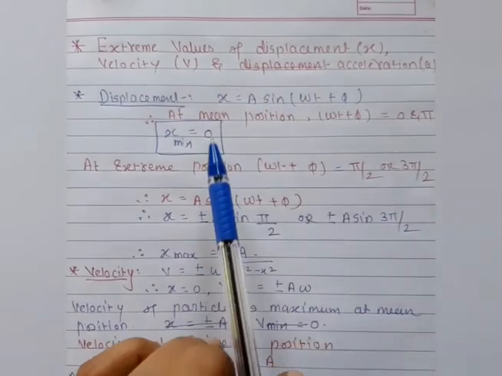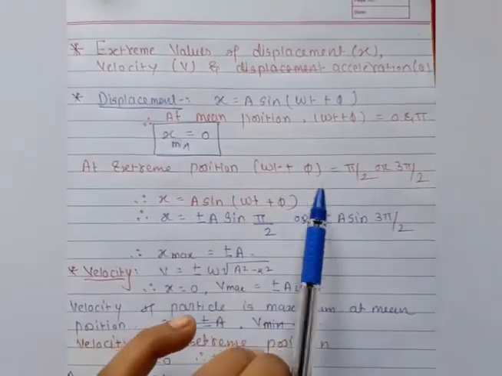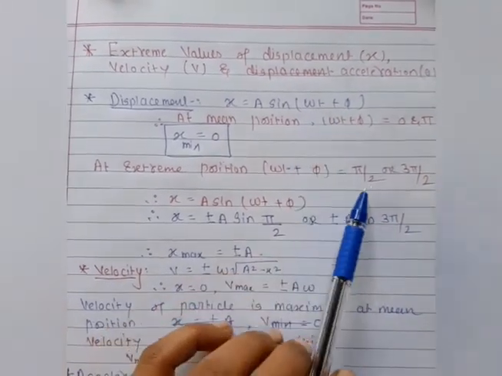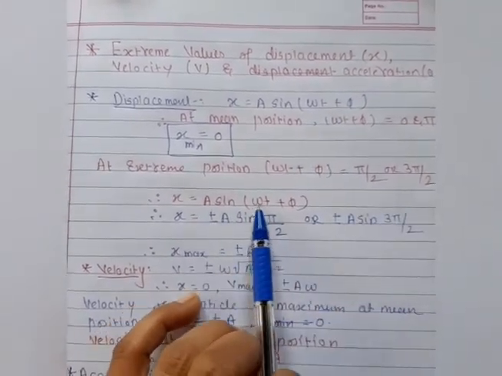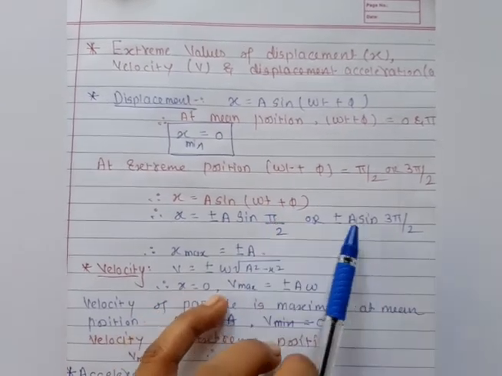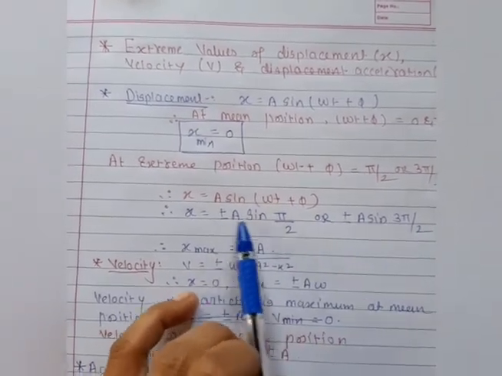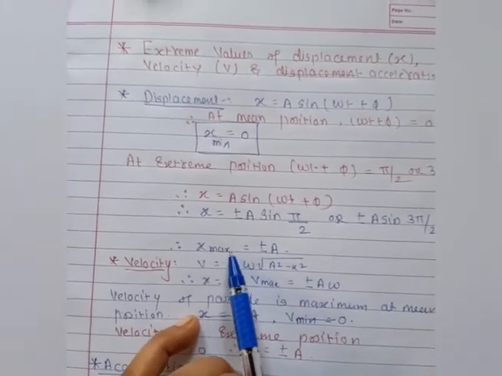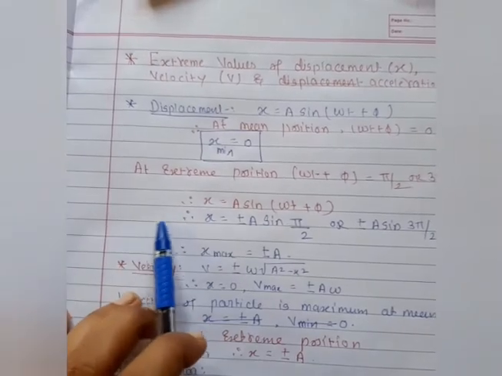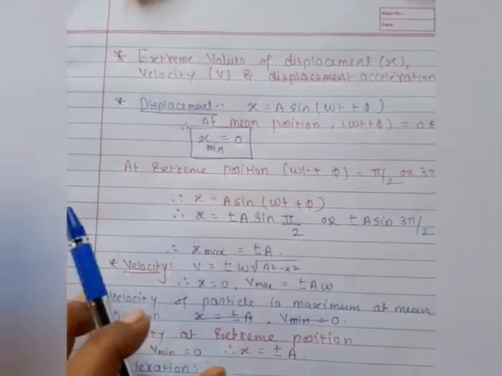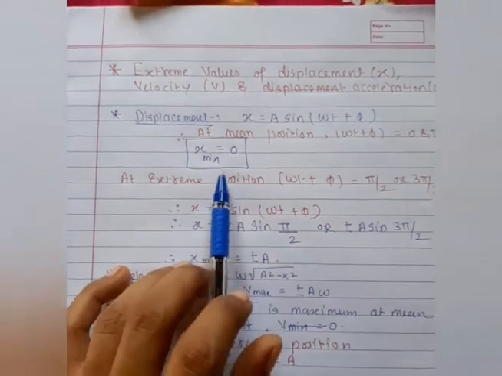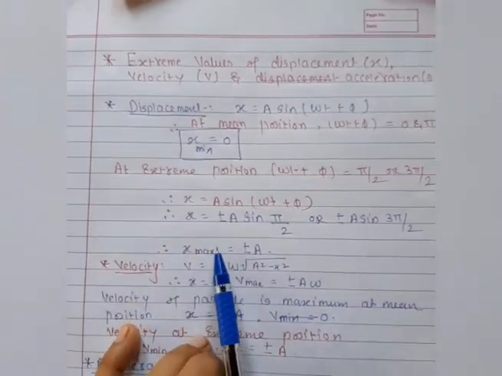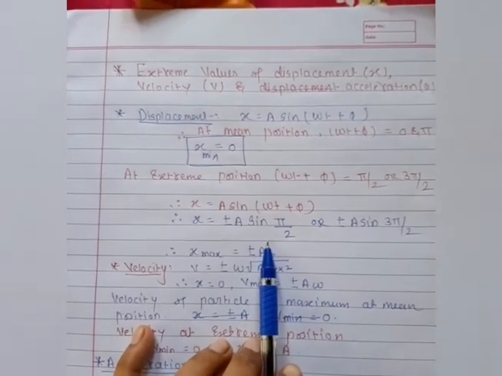At the extreme condition we have pi by 2 and 3 pi by 2. So if I take pi by 2 and 3 pi by 2, at the extreme condition we get the constant term, that is, the amplitude is maximum. It means when the particle oscillates at the extreme position, the amplitude is positive and negative. So when the particle is at the mean position, the displacement is 0, and at the extreme the displacement is maximum. In short, it is explained here.